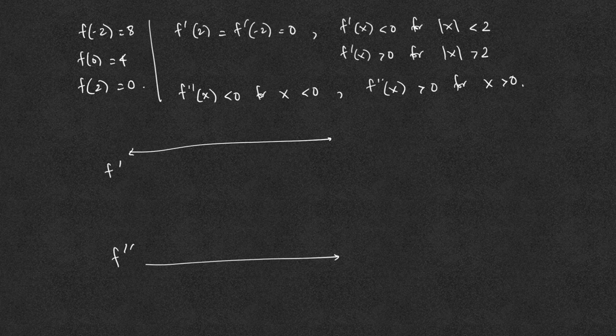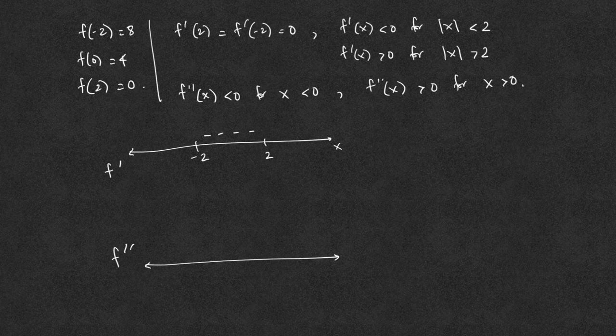For f', the zeros are -2 and 2. We were told that f'(2) is 0 and f'(-2) is 0. f'(x) is negative for |x| < 2, which is anything between -2 and 2. f' is negative.